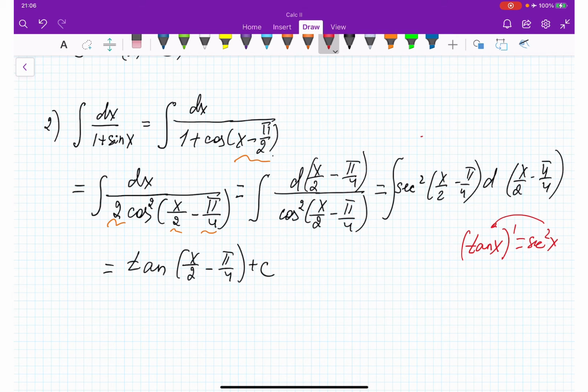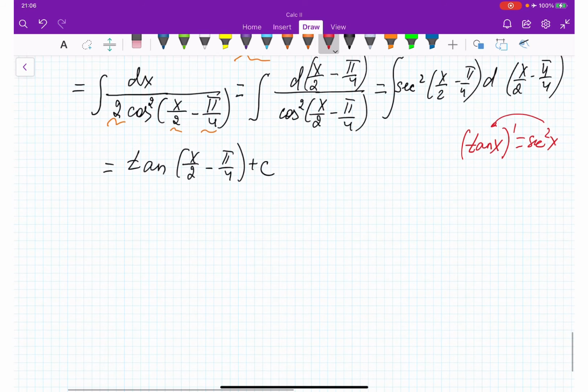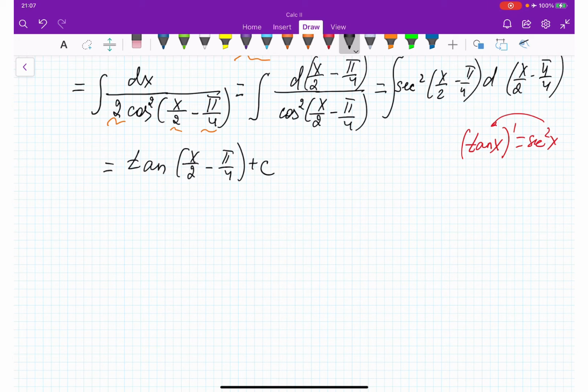Okay, let's solve the next one. The integral of (1 minus cosine x) over (1 plus cosine x) dx.